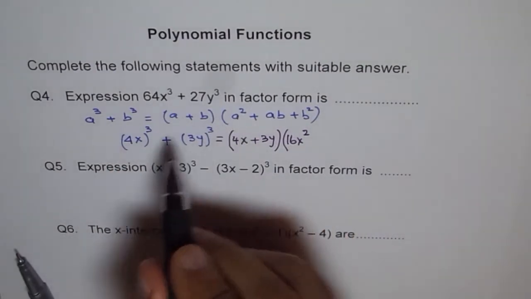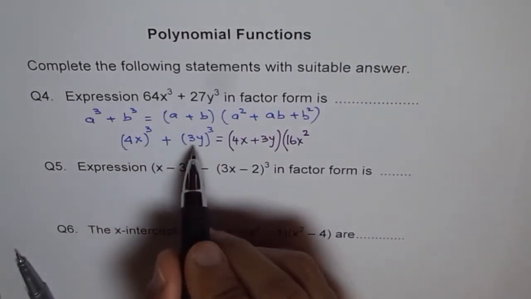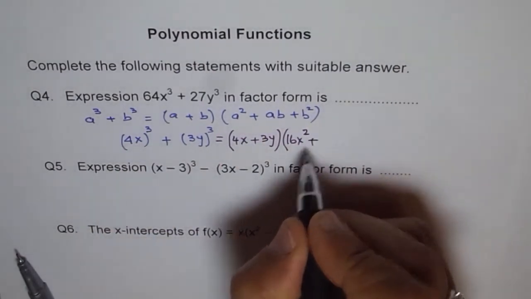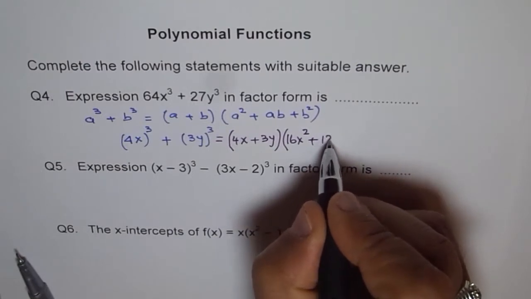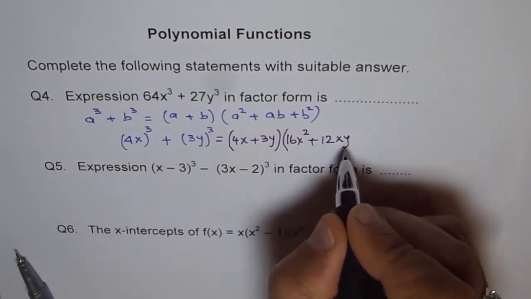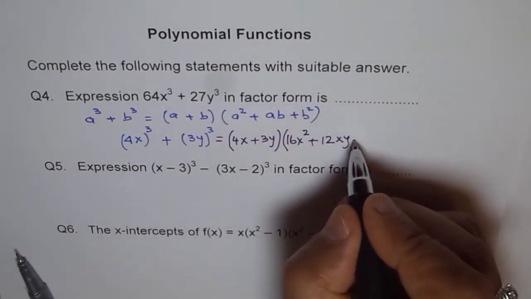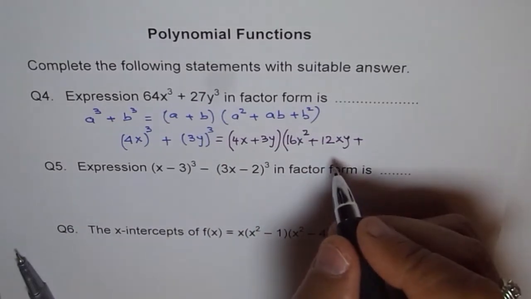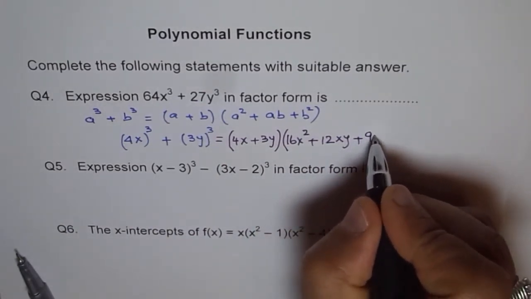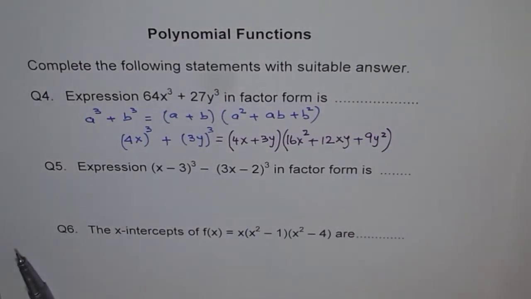So a square means 4x whole square, correct? a times b means 4x times 3y, so 4 times 3 is 12 xy, okay? And then we got b square, which is 3y whole square, 3 square is 9, therefore we get 9y square. Here we are. This is the factored form.